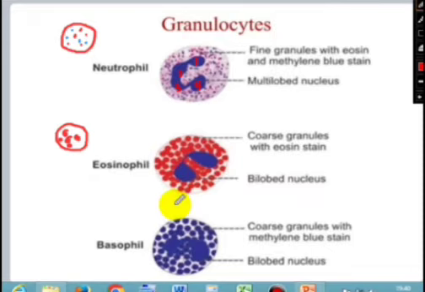The basophils are white blood cells with large granules in their cytoplasm which stain with blue dye.